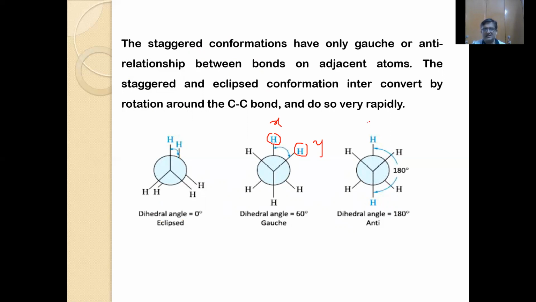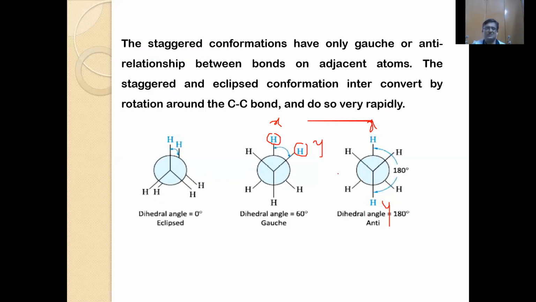Suppose when x and y are above and below, or rather in opposite directions, then it is anti conformation. That is, staggered conformations are further represented in two ways, gauche or anti.